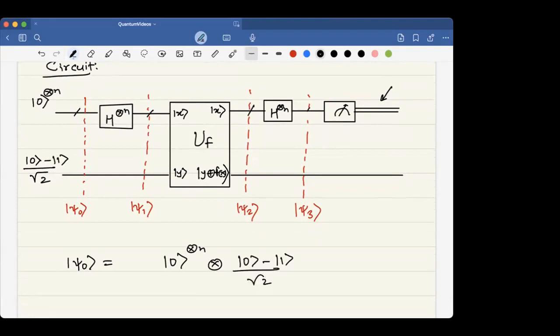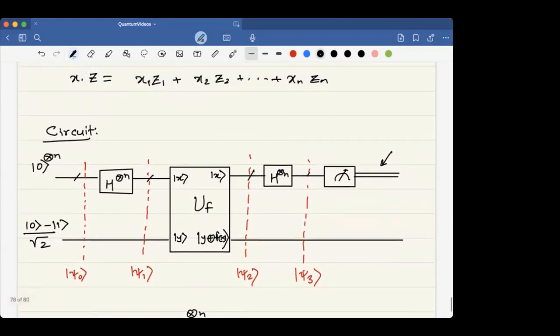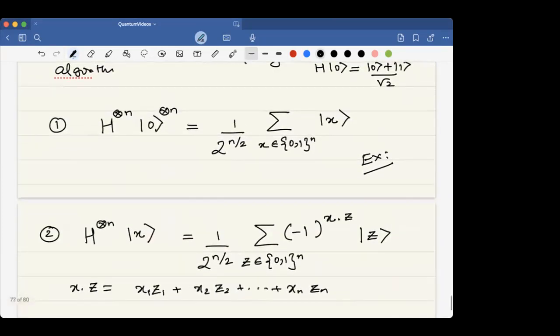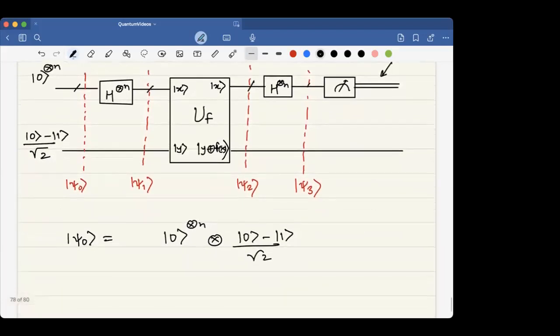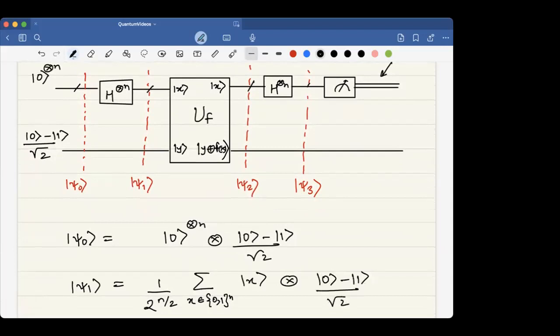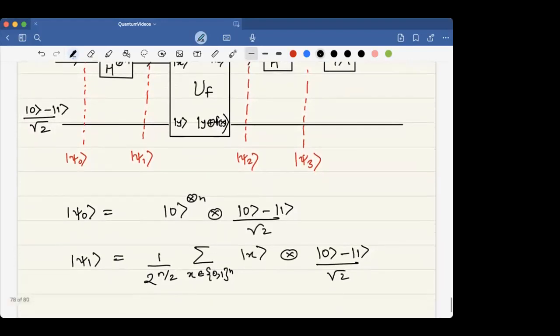Then we have our Hadamard gate application, and I will use fact number 1 over here. So Hadamard, when applied to 0 tensor n, gives psi 1 equal to 1 over 2 to the power n over 2, summation x belonging to {0,1}^n, x tensor (0 minus 1) over square root of 2. Then we apply the oracle U_f.